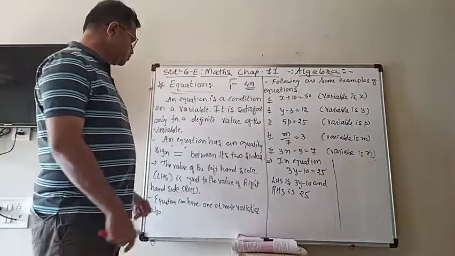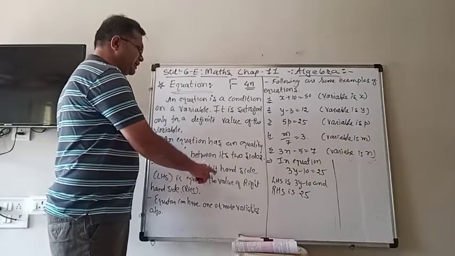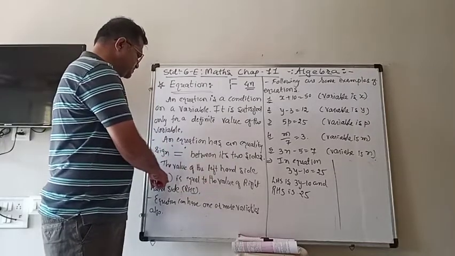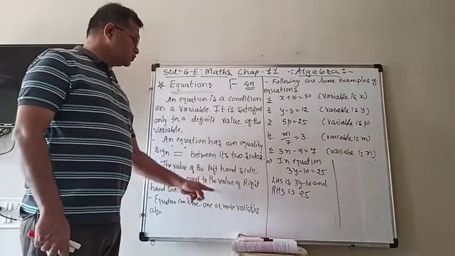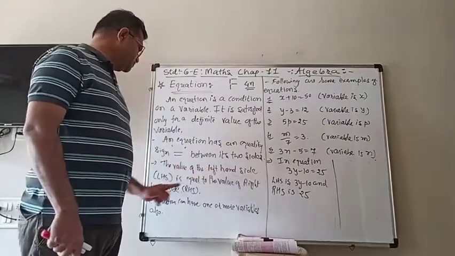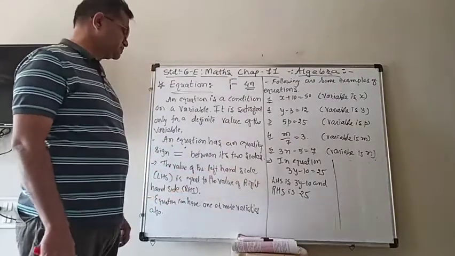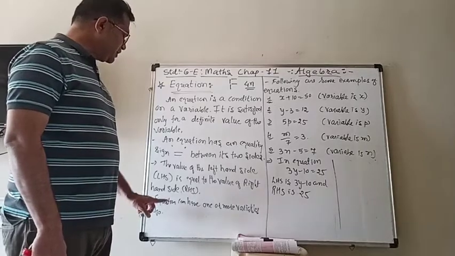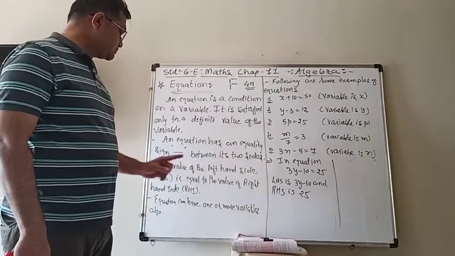As I told you, the value of the left hand side, LHS, is equal to the value of the right hand side, RHS. An equation can have one or more variables.